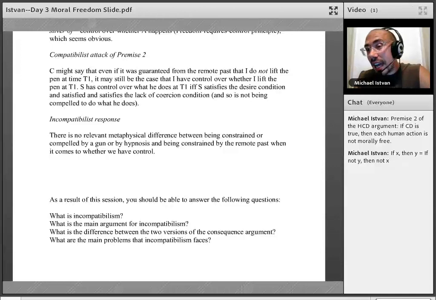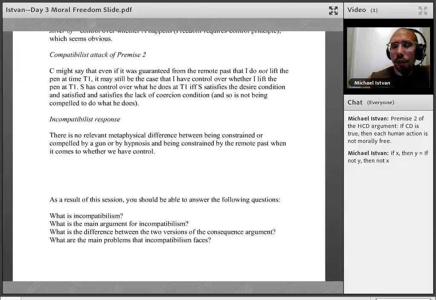Maybe this is not super fair to a view that we're going to look at next time called libertarianism.